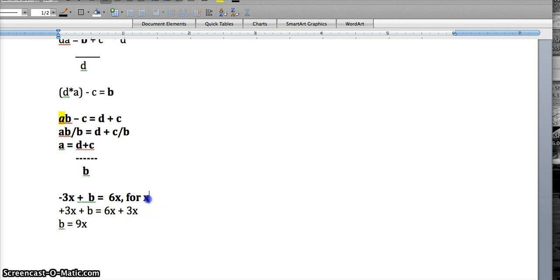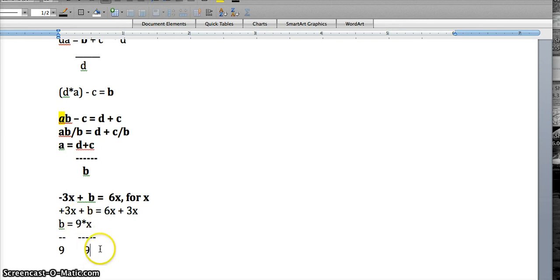But it's asking you to get x by itself. Right here, x is almost by itself, other than it's being multiplied by 9. So we need to divide by 9 on both sides. Let me write my division signs really quickly. Divide both sides by 9.